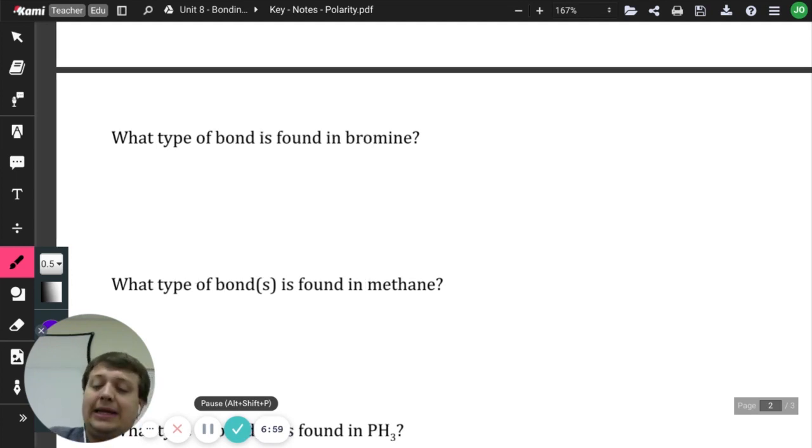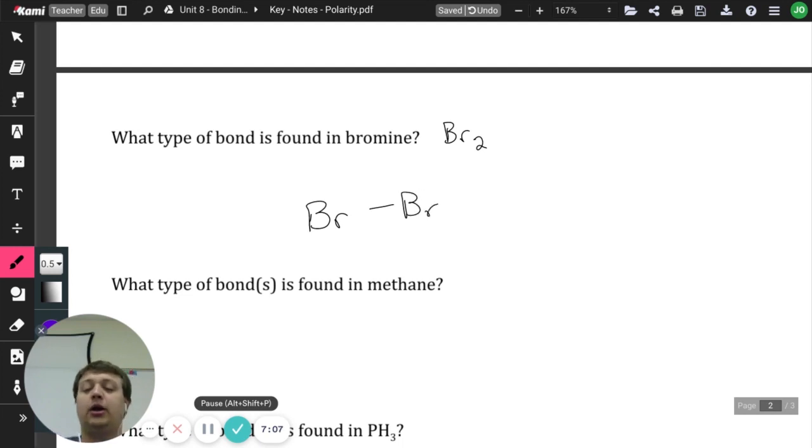Now remember, bromine is a diatomic element, so Br2, and we've got a bromine attached to another bromine. I'm not going to draw anything more because this is going to be linear. Why? Because there are only 2 atoms there. And so looking at this, I need to figure out what the polarity is. To do that, I need to know their electronegativities.